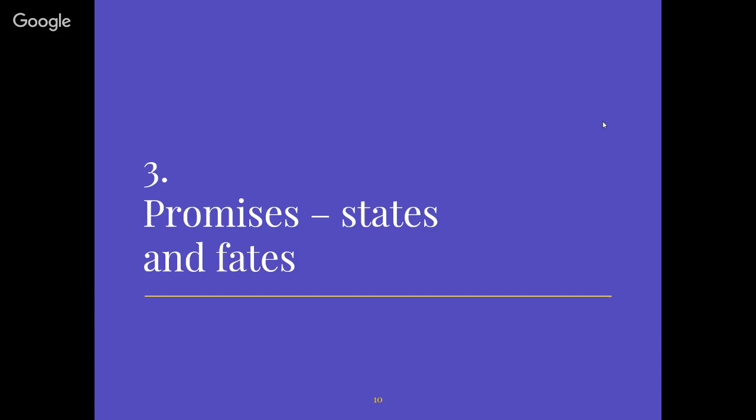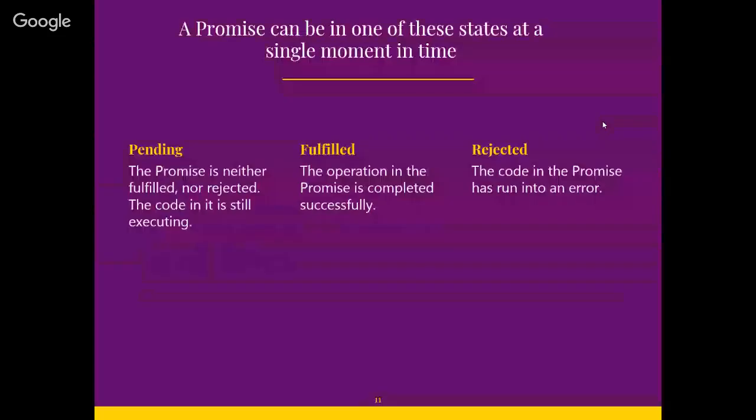The promise evangelists in the JavaScript world really look down on you if you get it mixed up. So in a minute, we're gonna see exactly what states and fates the promise has. And I think you'll be very confused at first, but if you stick with it, you'll get an intuitive sense for what is what.